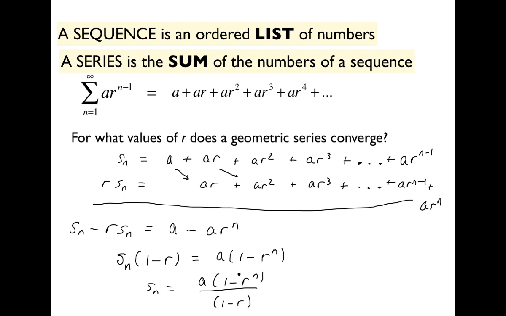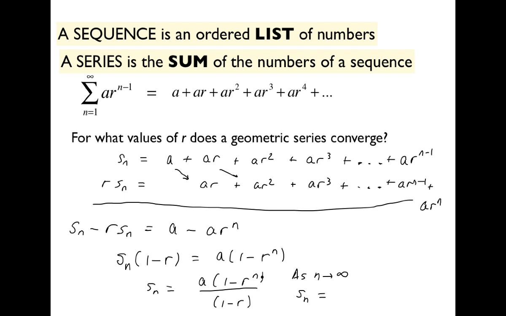And so now, as n gets big, we really just have to focus on this r to the n. If r is outside the range of -1 to 1, this will blow up, so this whole thing will blow up. But if r is between -1 and 1, what does Sn go to?